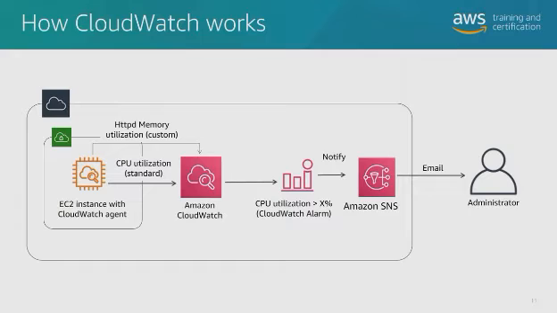Then you have an alarm set up, optional, that is looking for maybe CPU utilization greater than 60% or memory utilization greater than 80%. That will then fire off an SNS notification to whatever. Maybe it's an email to an administrator, maybe it's a Lambda function, maybe it's an alert that triggers an auto-scaling function. CloudWatch functions this way.